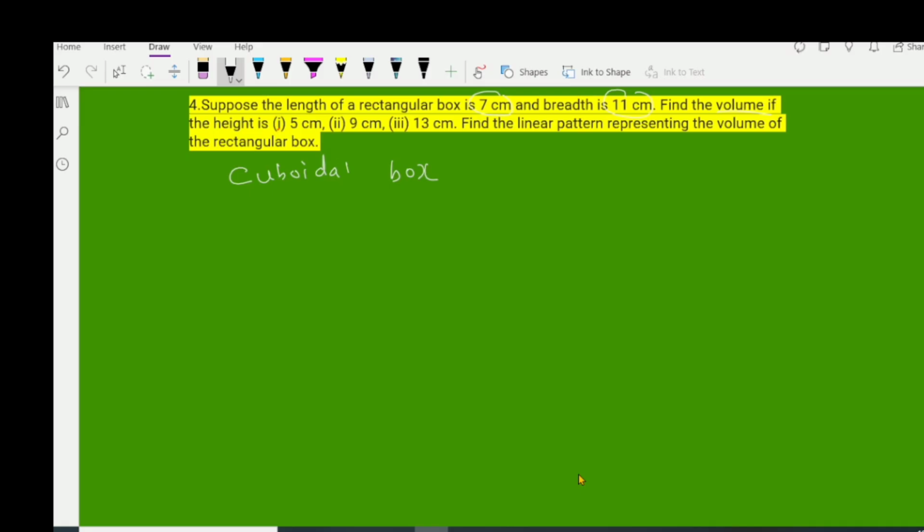Find the volume if height is 5 centimeter, 9 centimeter, 13 centimeter, and find the linear pattern also for the volume. So what is the volume of a cuboid? You know very well, volume of cuboid is nothing but length into breadth into height. So 3 units are multiplied, cubic units.